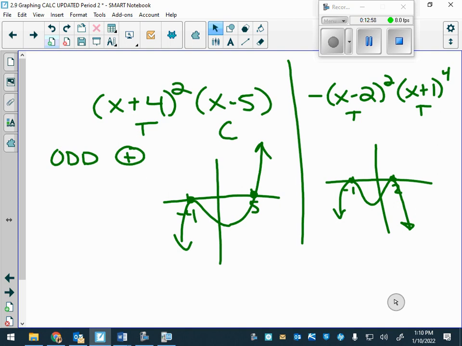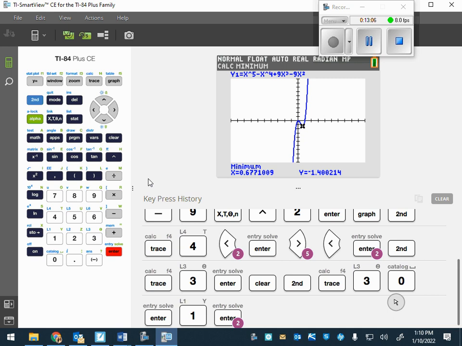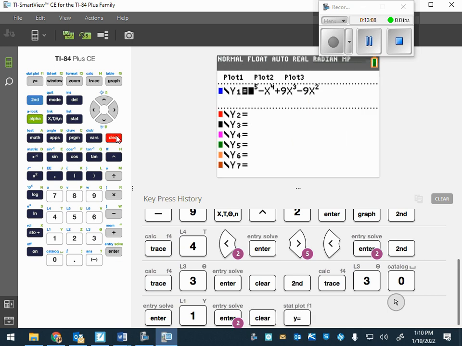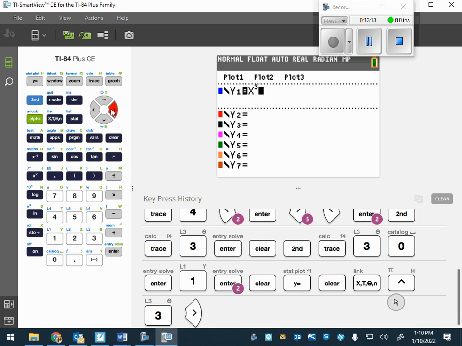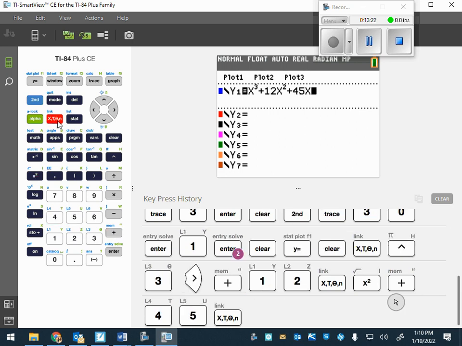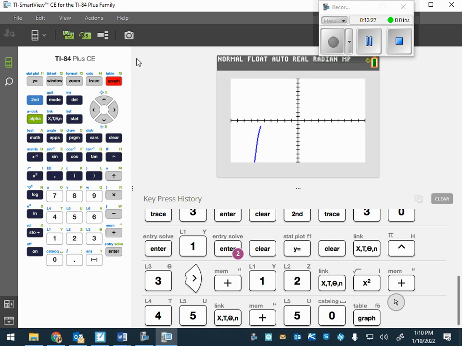So doing that, let's see. I'll type it in real quick. So the minimum is right here. Okay, so I would do the same thing.